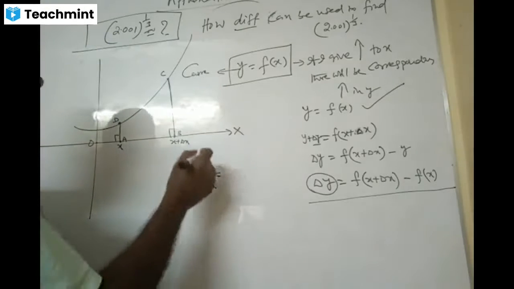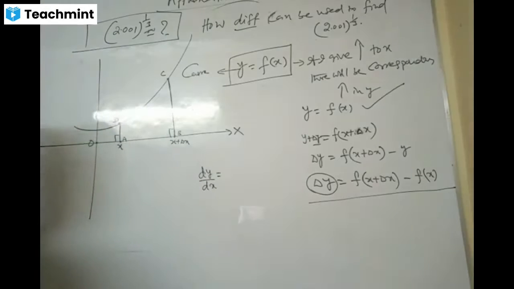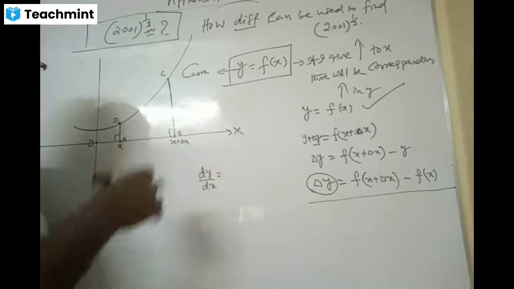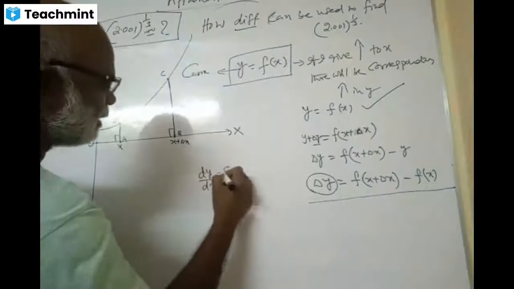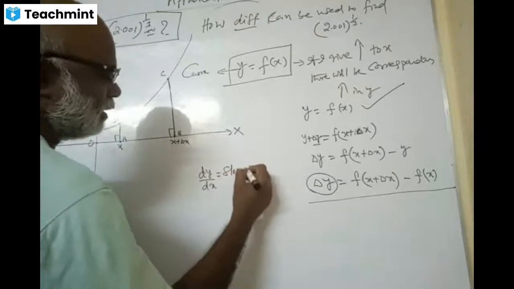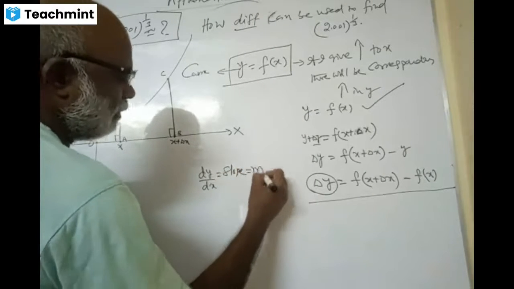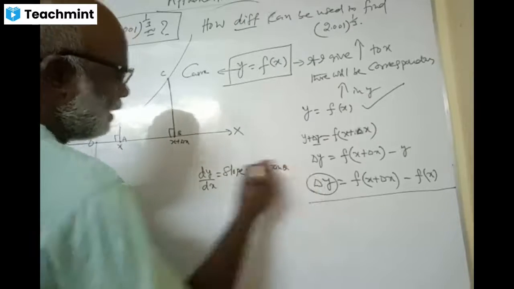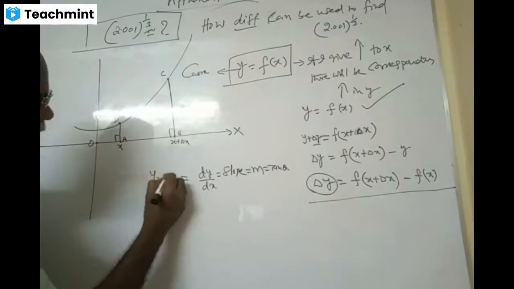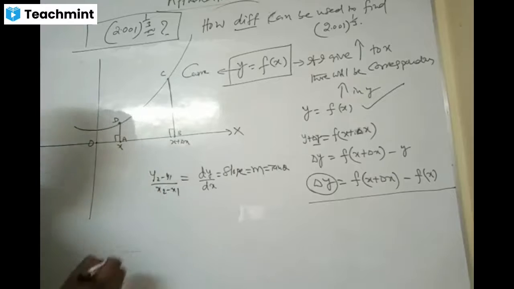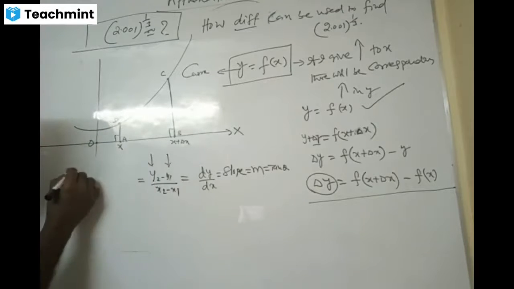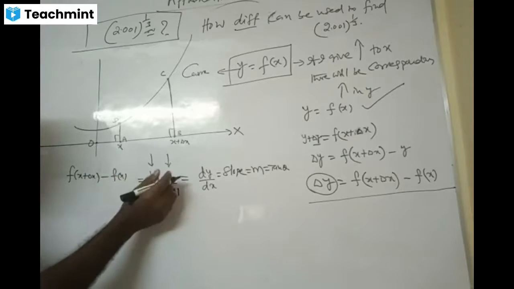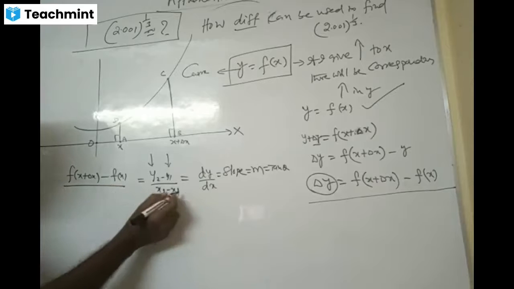Great. See, let us look at derivative dy by dx under the curve. What is the dy by dx, dear? We said earlier, dy by dx is nothing but slope. Right? Yes or no? That is called m. That is called tan theta. That is called y2 minus y1 by x2 minus x1. That is nothing but f of x plus delta x minus f of x, this is called y1, by x2 minus x1.